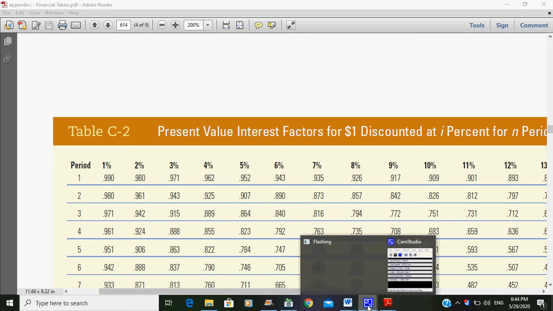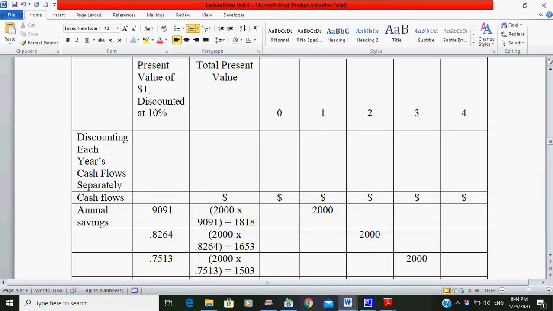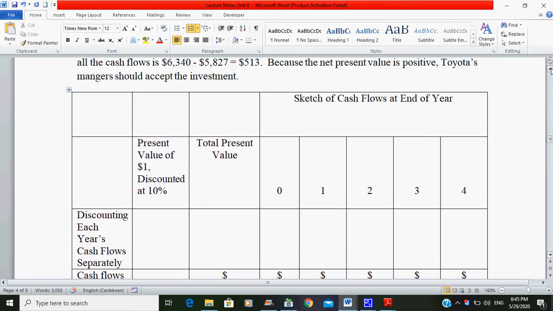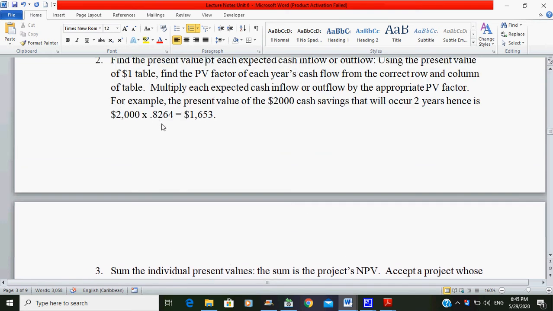So that's how you really get it, alright? So you'd have to look on the financial table to get the 0.8264 from. Then multiply the cash savings by the 0.8264, and that will give you your present value for that period.